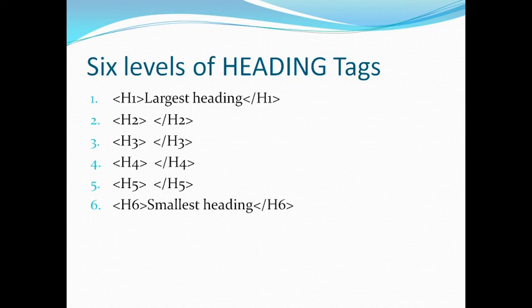So this is your pair tag. Then last is h6, then the content, that is the smallest heading, then h6 close. This way we start the effect of the heading label and close the effect of the heading label with the end tag. So these are your h1 to h6 heading label tags.